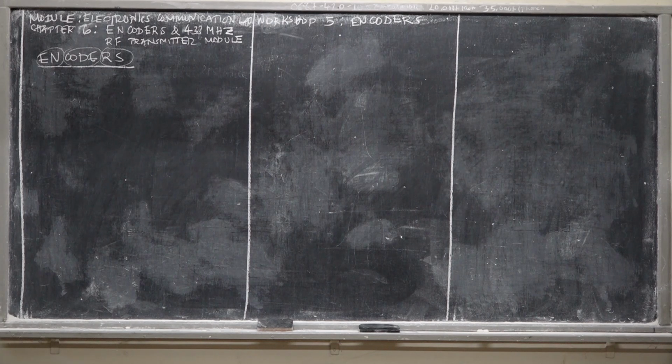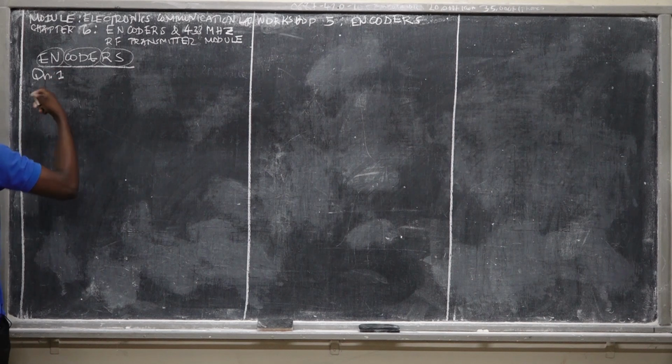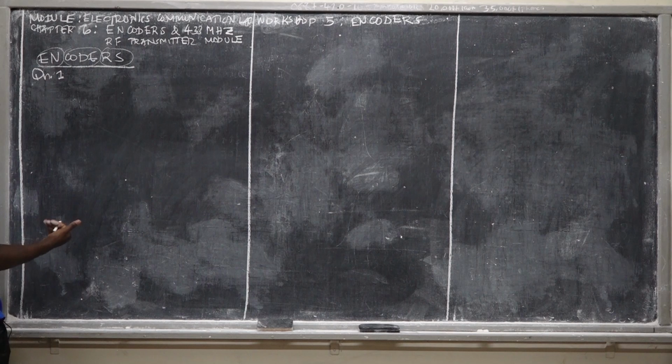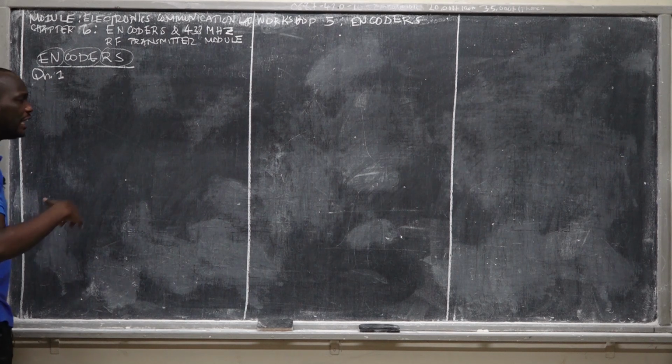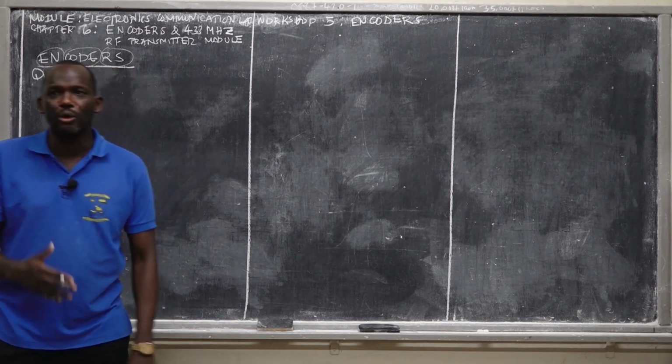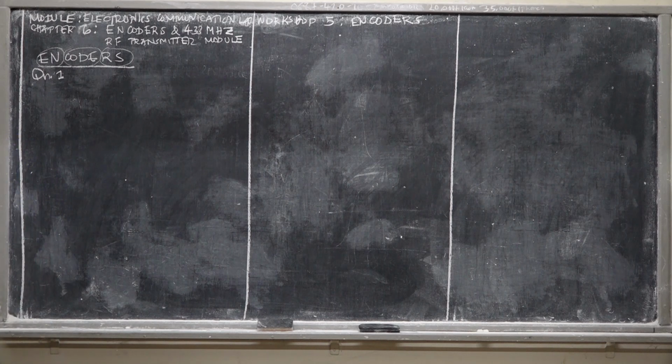One of the techniques that we use in telecommunication is encoding. Encoder is a noun; encoding is a verb. In fundamental digital electronics, you learn encoders in detail, including types of encoders.